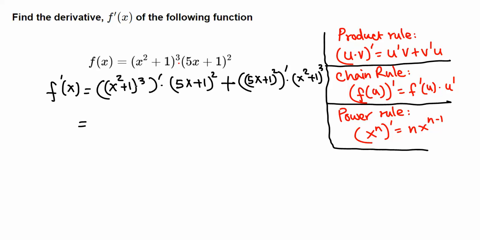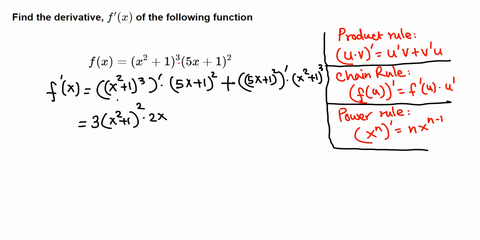So let's find the derivative here. For the outer, something cubed, using the power rule, 3, leave the inner alone, 3 minus 1 is 2, (x squared plus 1) squared, times the derivative of the inner function. The derivative of x squared is 2x plus 0, just 2x.